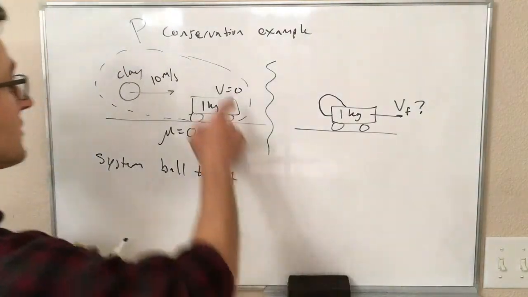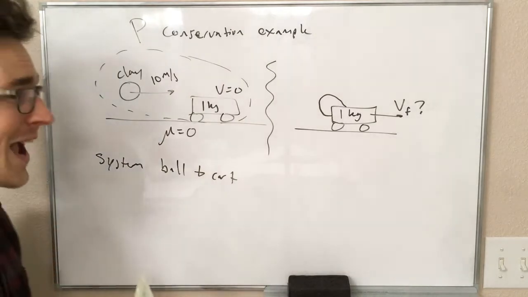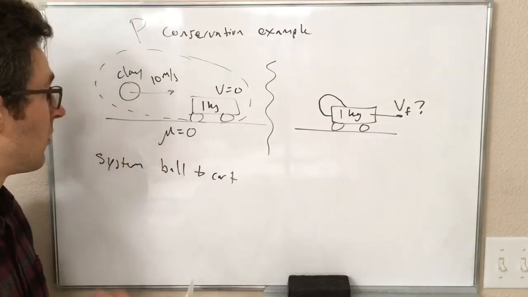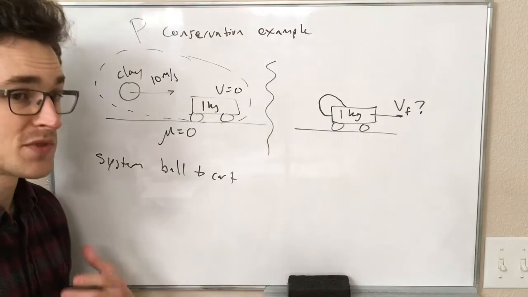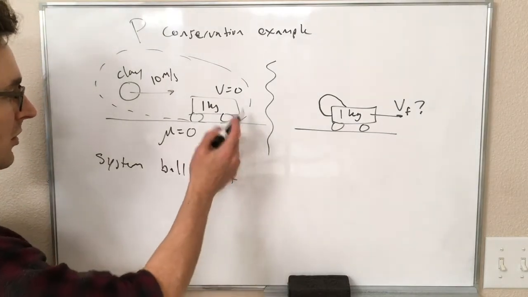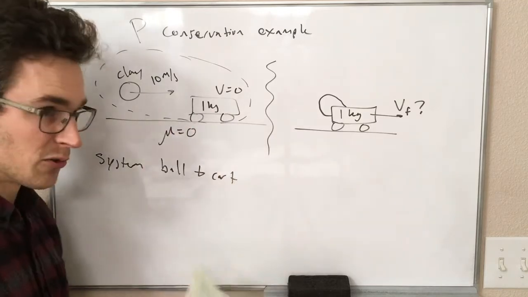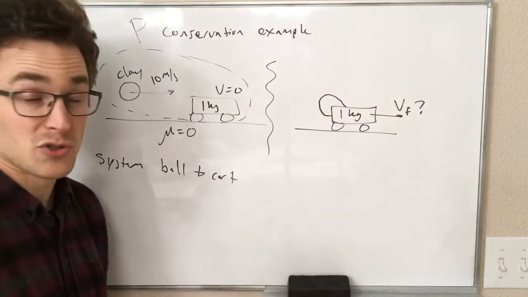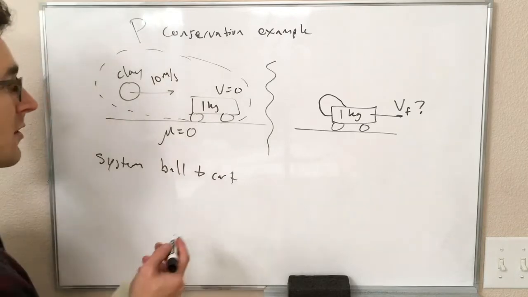So on our whole system, are there any external forces? Well, the problem said ignore gravity, so there's no gravity. And our cart is touching a frictionless surface, so there's no friction. So there are no other forces on our system at all.